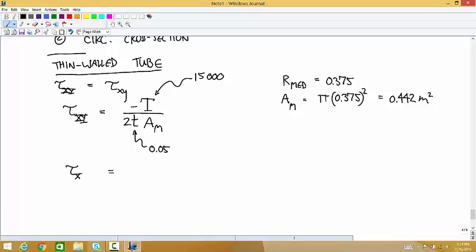So this shear stress is equal to negative 15,000 divided by 2 times 0.05 times 0.442, and you get a value of negative 3.39 times 10 to the 5th pascals.